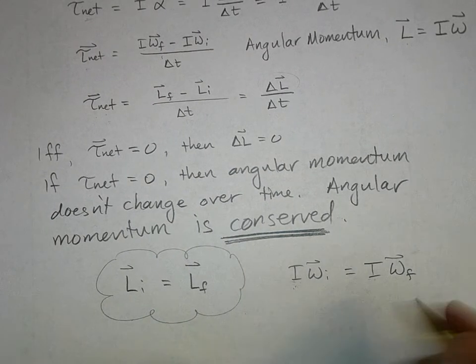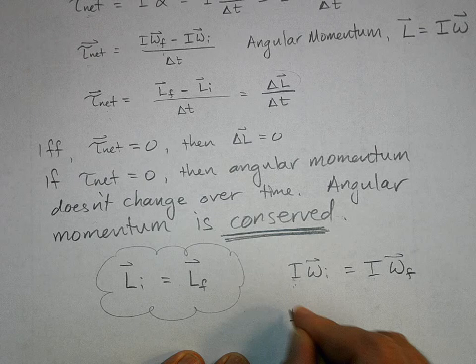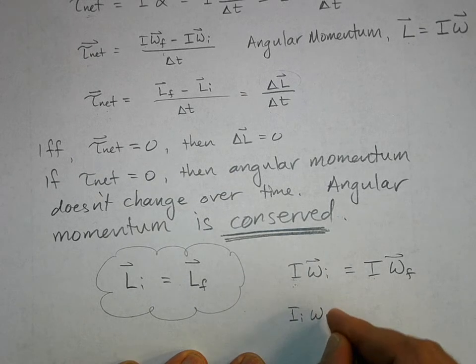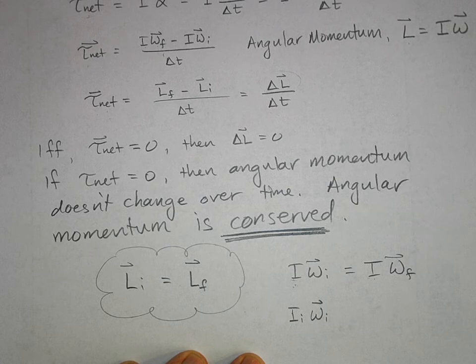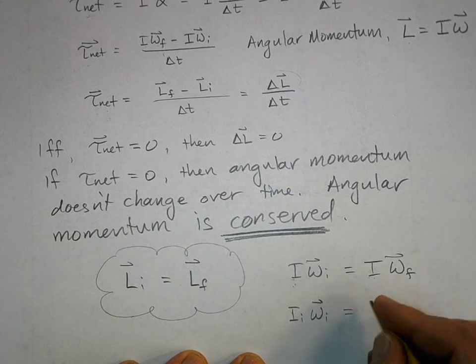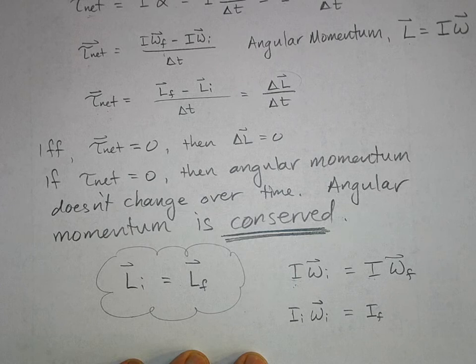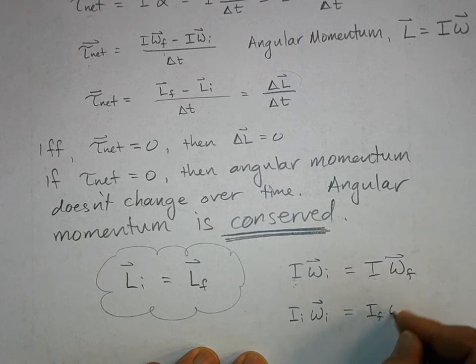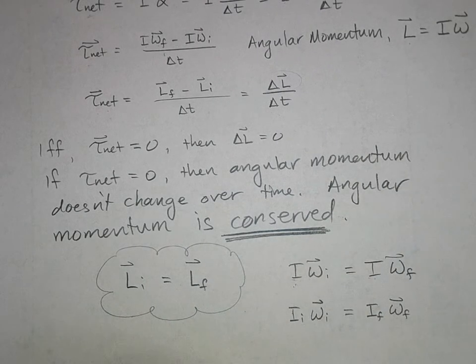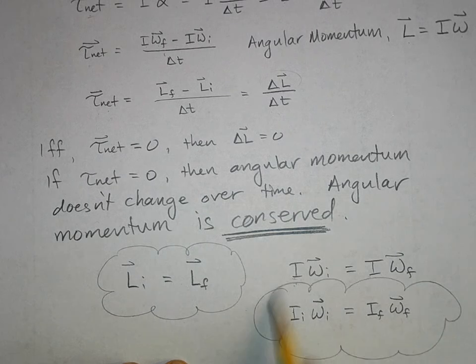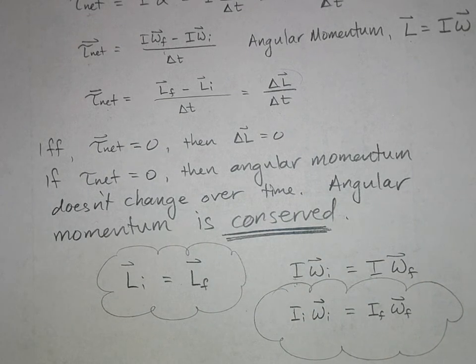Then I really should express it like this. The initial rotational inertia times the initial angular velocity will be equal to the final rotational inertia times the final angular velocity. And so this is one we're going to use a lot for the kind of problems that we're going to be doing.